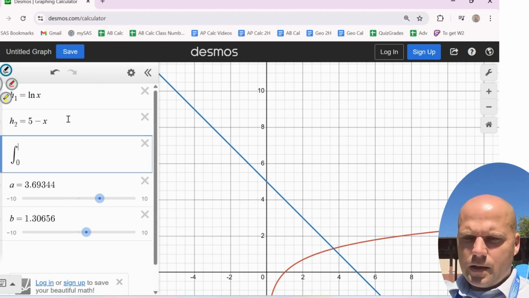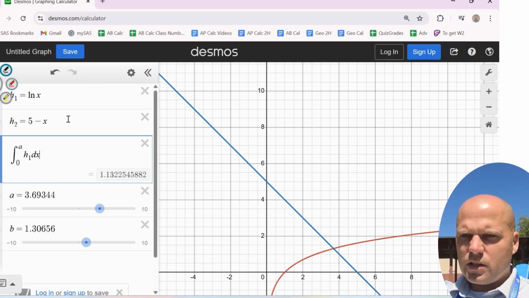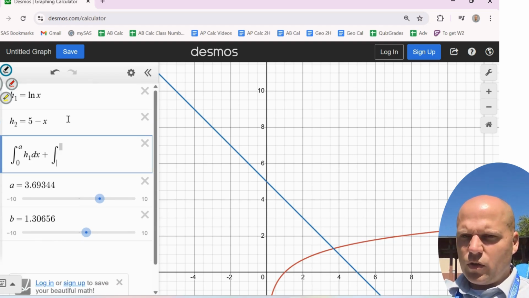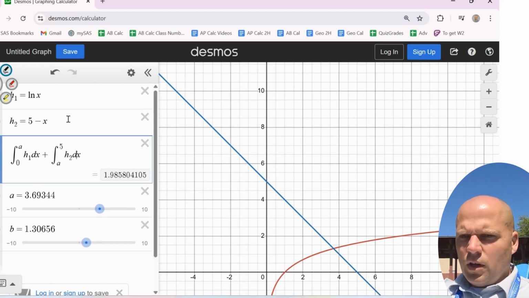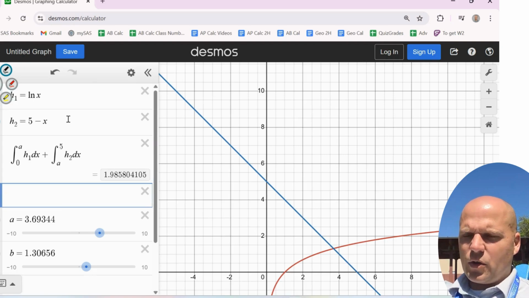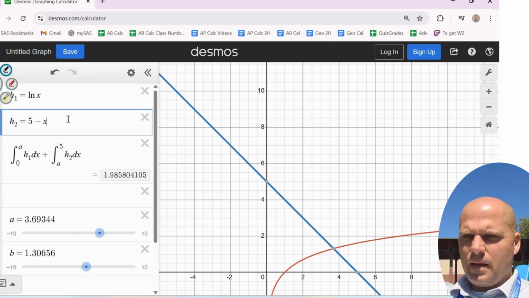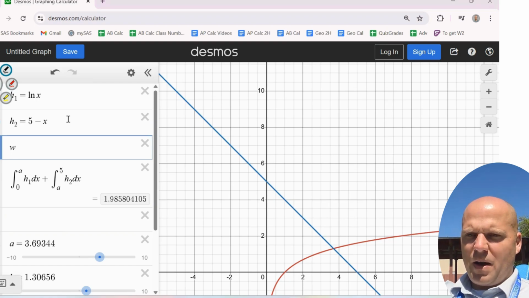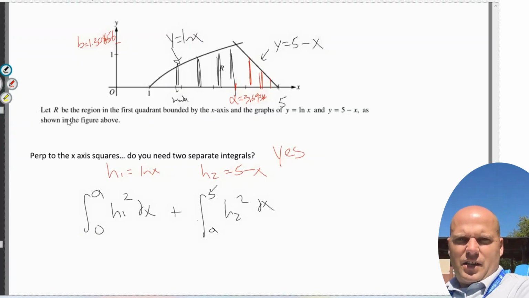From 0 to a, h1 dx, plus integral from a to 5, h2. This would be the area. This is equivalent to the sum up of my widths. It's good practice here.